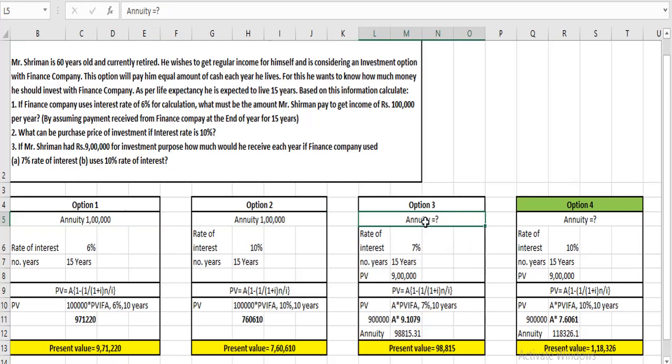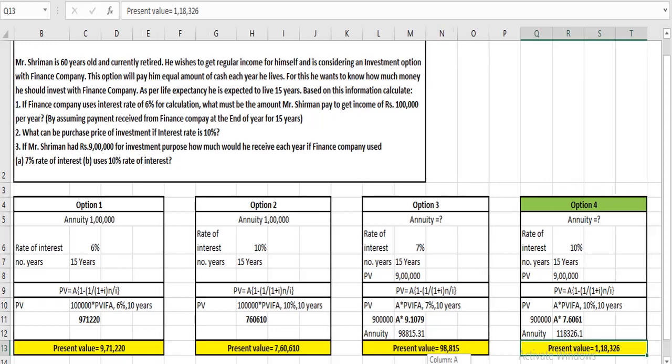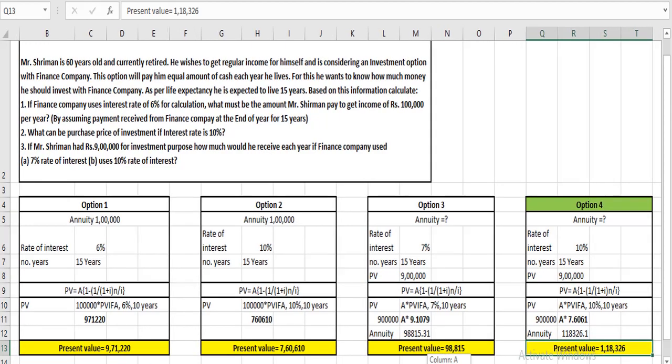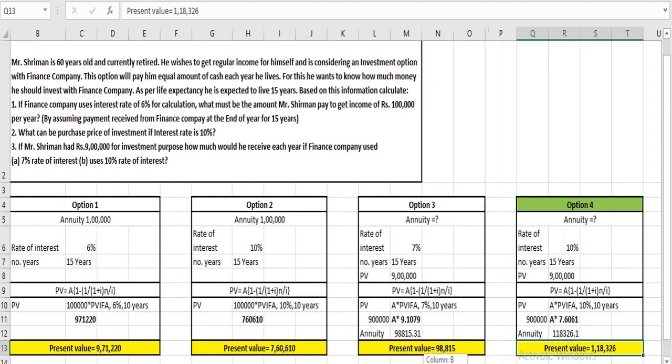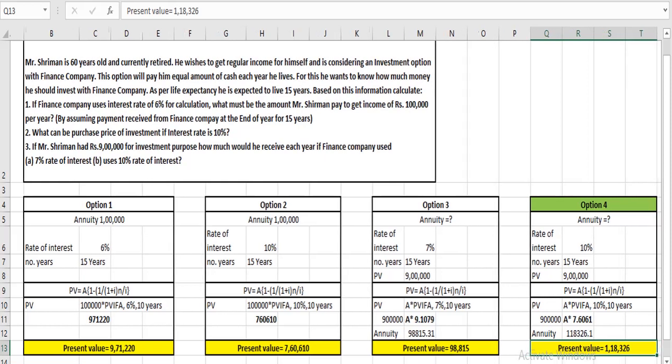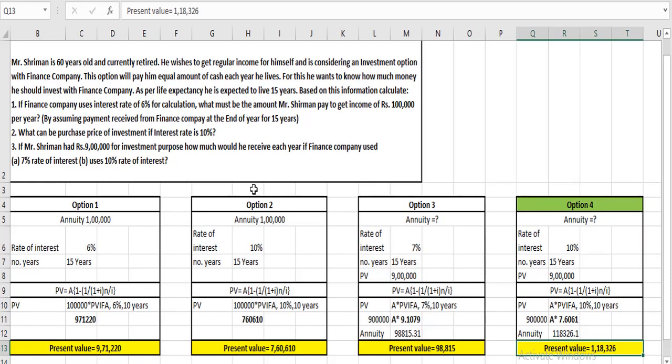In option 3 the income can be 98,815, and in option number 4 you can get an income of 1,18,326. So as a retirement benefit, or to get income even after retirement, Mr. Shriman can go for option number 4, where if he has 9 lakh rupees and deposits at 10% interest, he can generate a cash flow which is more, which is 1,18,326 rupees.